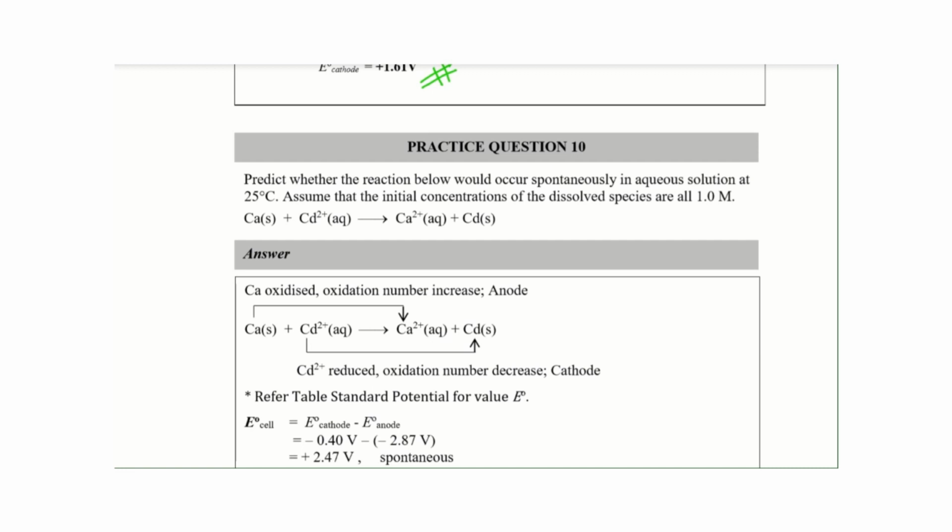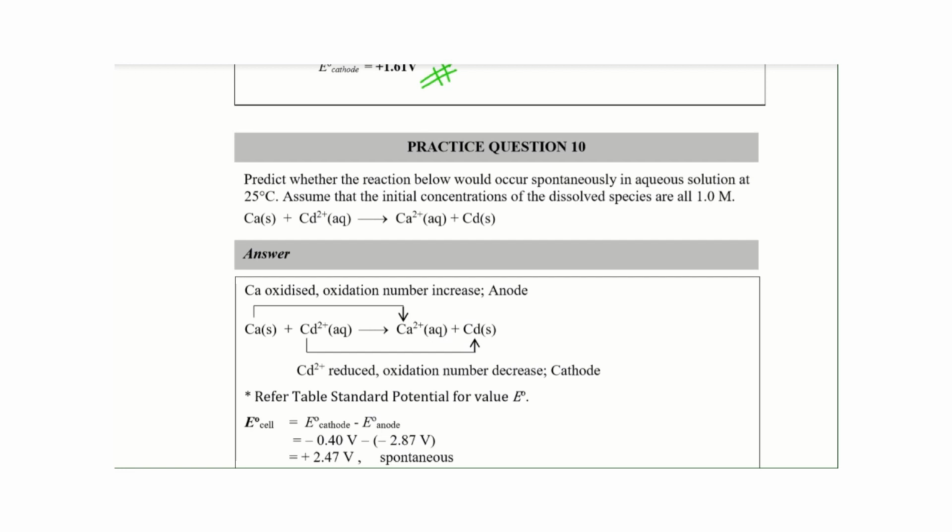Practice question 10. Predict whether the reaction below will occur spontaneously in aqueous solution at 25 degrees Celsius. Assume that the initial concentrations of the dissolved species are all 1 molar. Given the overall equation for calcium and cadmium.